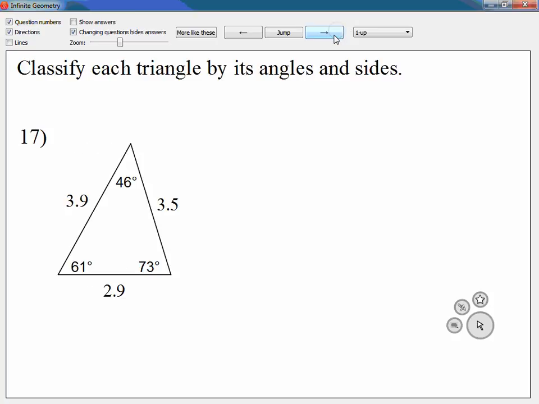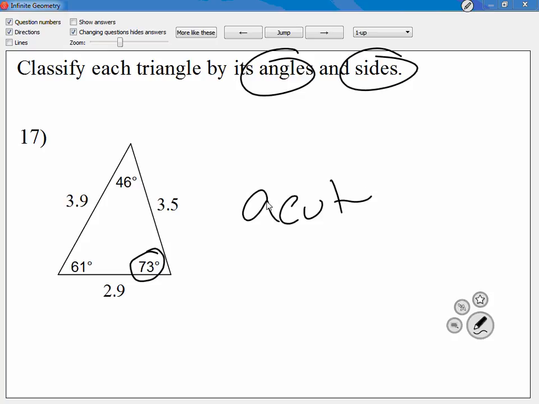Let's take a look at number 17. It says classify each triangle by its angles and sides. So I'm looking for two classifications. By angles, I'm looking at the biggest angle, in this case 73. What type of angle is 73? It's acute, so we're going to call this acute. Remember, we give it the name of the biggest angle.